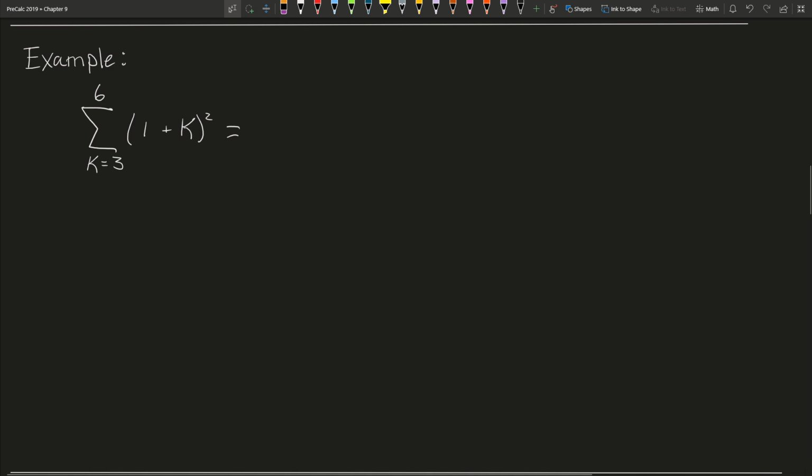I want to go over a couple more examples, and then I'll show you what your homework is actually going to look like. Again, this is the same thing that we did in the last example. We want the sum of (1 plus k) quantity squared from k equals 3 this time, so it doesn't always have to start at 1, all the way up until k equals 6. If we rewrote that, we'd have (1 plus 3) squared plus (1 plus 4) squared all the way up until 6.